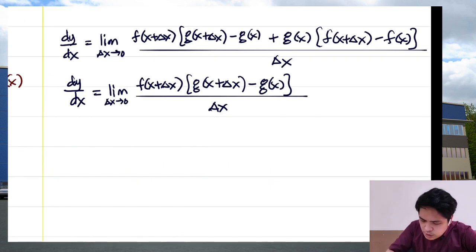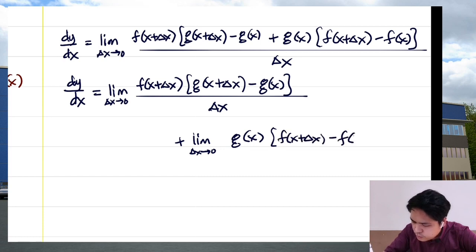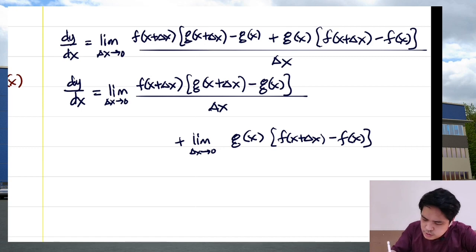Plus we have the limit as delta x approaches 0 of g of x times f of x plus delta x minus f of x, then over delta x still.